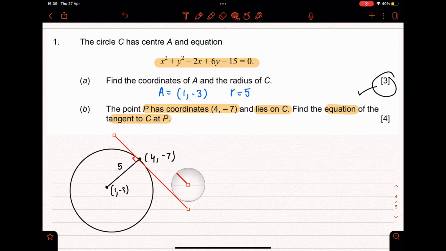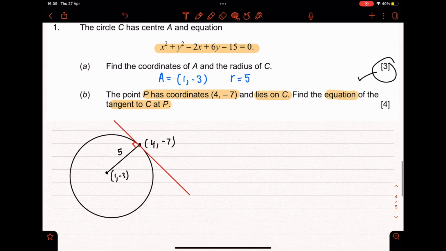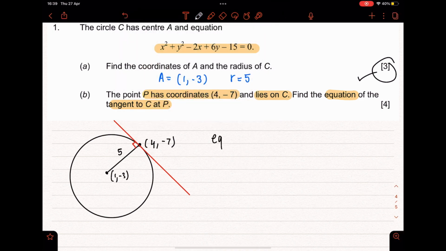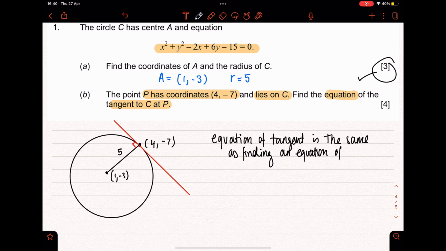And the question is asking us to find the equation of a tangent. So we know that finding the equation of a tangent is the same as finding the equation of a line. So from this we can use the important formulas to obtain the equation of the line.